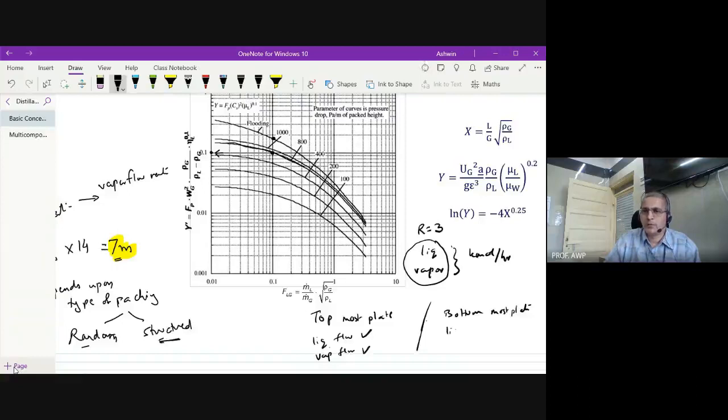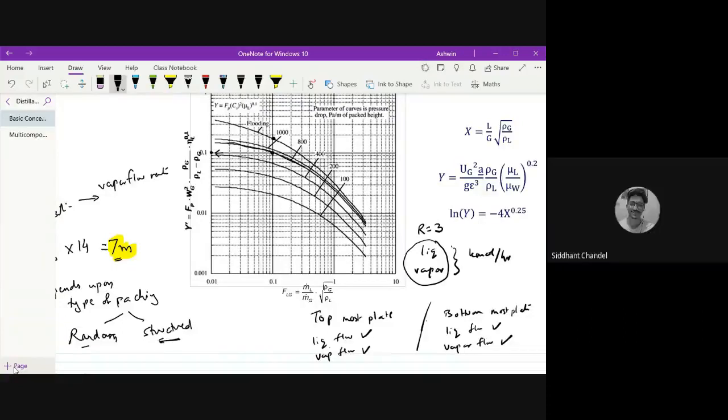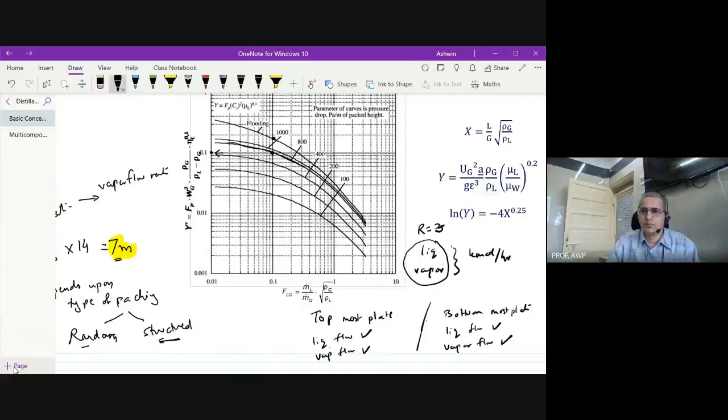Bottommost plate, you will be able to calculate liquid flow rate and vapor flow rate. Do you agree? Yes, sir. Now suppose reflux ratio becomes 6. Again you will be able to calculate. If reflux ratio becomes 8, again you will be able to calculate. Yes or no? Yes, sir.